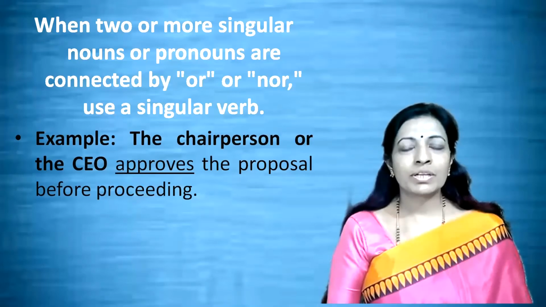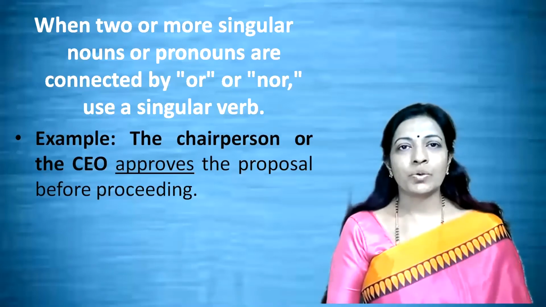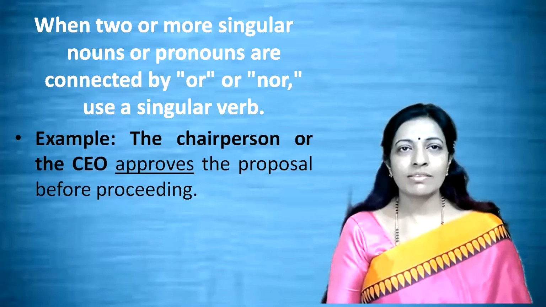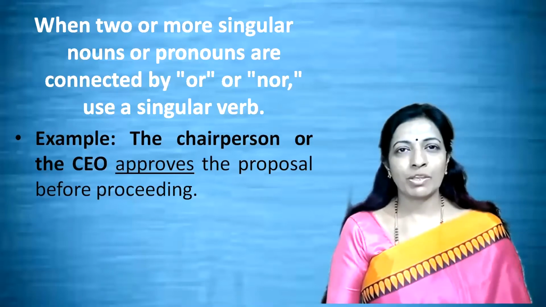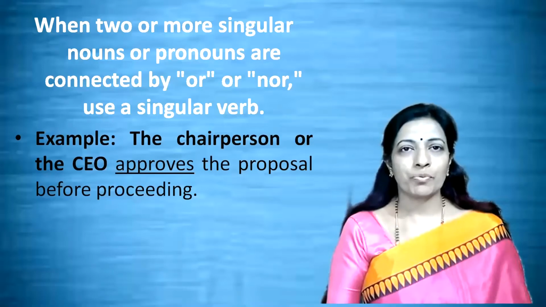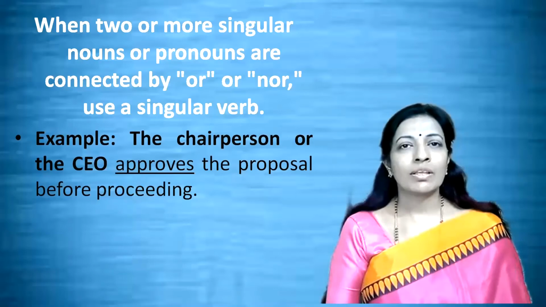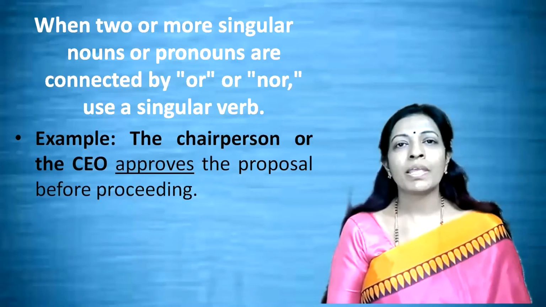But the word between these two nouns which is being used is or. Therefore, we need to use a singular verb along with this which ends either in s or es. That is why we use the verb approves.